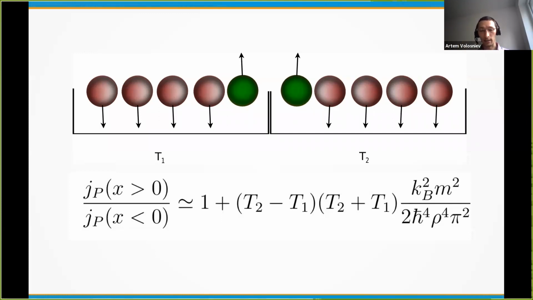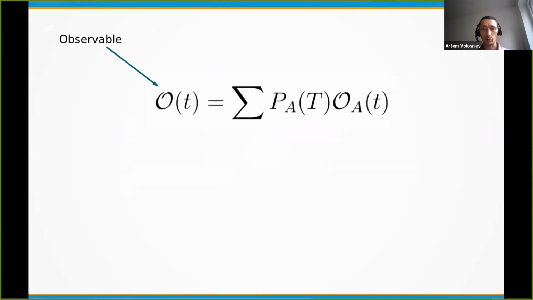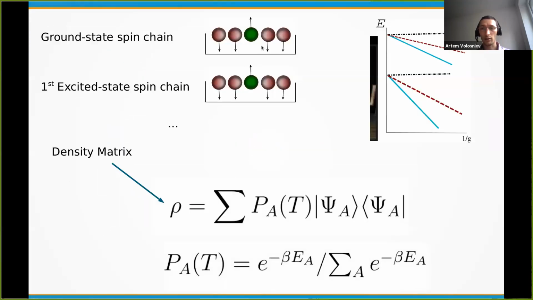Now, regarding this question about the temperature, I think that what you refer to is this graph, right? So we have to say that in the ground state you have a gap, and here you have the second part.